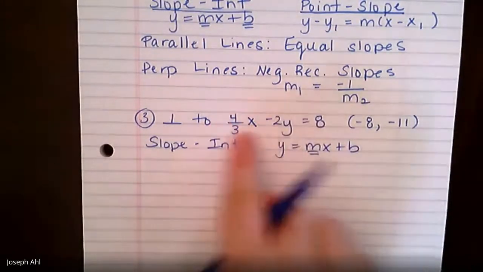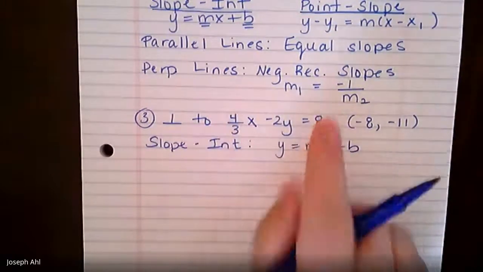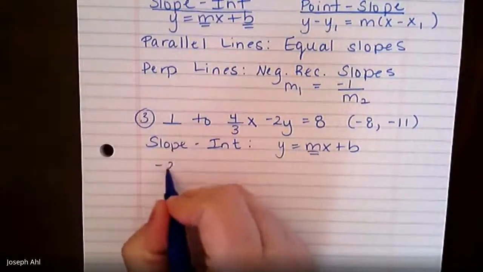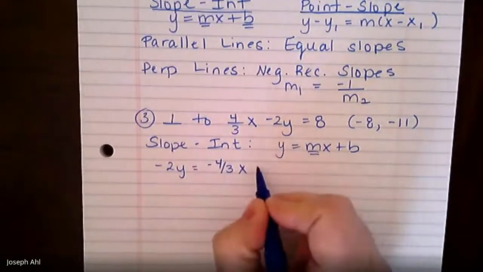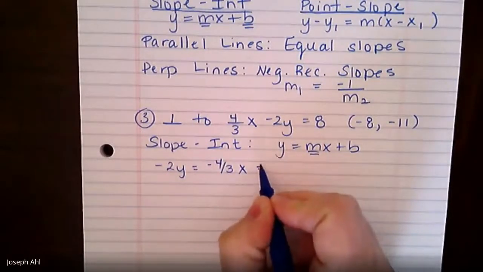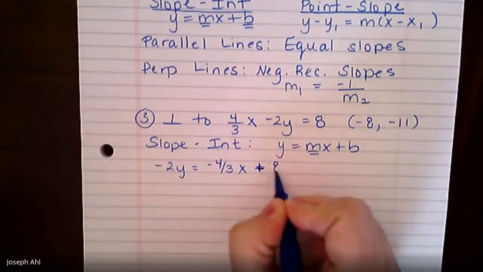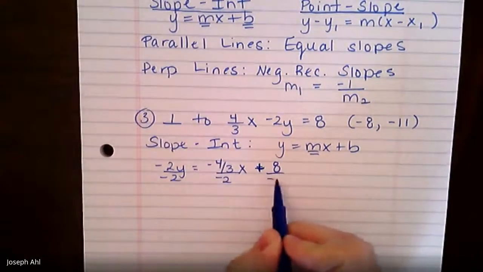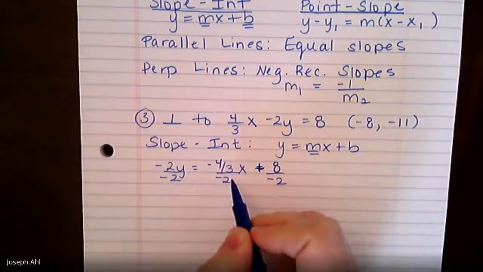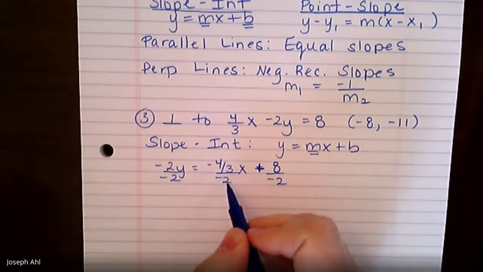So I'm going to quickly rearrange this equation and get y alone. If I subtract 4/3 x to the other side, it's going to be a +8 there. And I divide by -2, we get this not so nice looking fraction, right? -4/3 divided by -2.